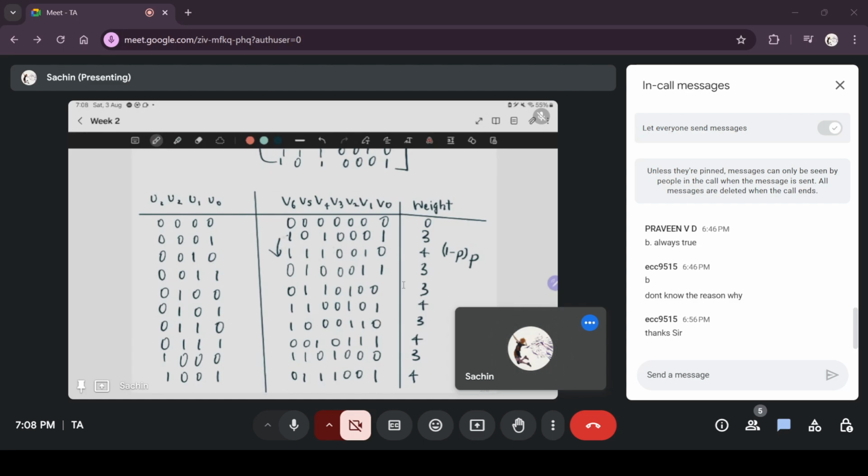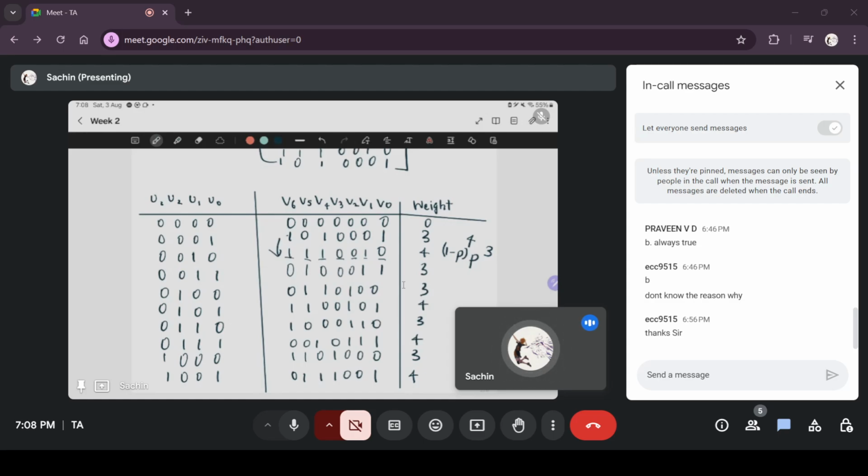So in this the bits are not changing, so in 4 places it's not changing. This and this place it's changing. So the probability that the second code word changes to the third code word is 1 minus p power 4 into p cube. So this will depend on the Hamming distance between these two code words. So we'll have to find out the Hamming distance with each of the remaining code words instead of the weight. So weight you can directly tell from the code word itself.